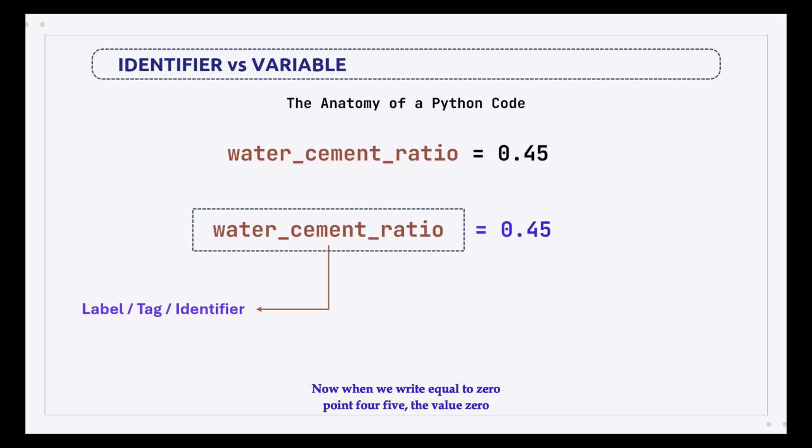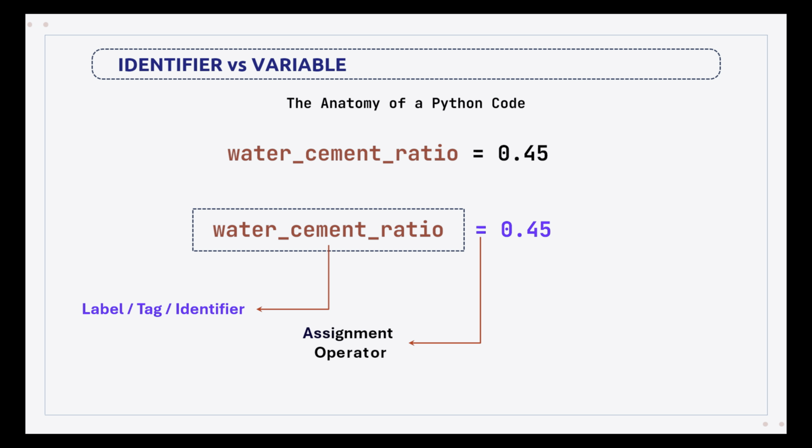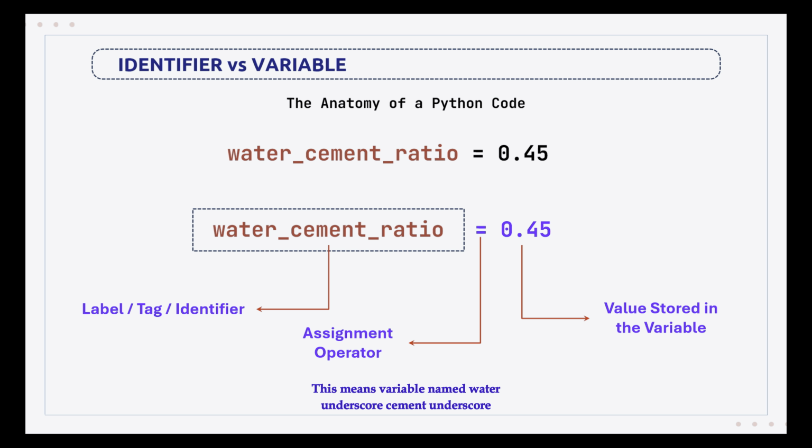Now when we write equal to 0.45, the value 0.45 is stored inside that variable space. So in simple words, water_cement_ratio is the variable identified by the identifier. The equal sign is the assignment operator and 0.45 is the value stored in that variable. This means the variable named water_cement_ratio is storing the value of 0.45.